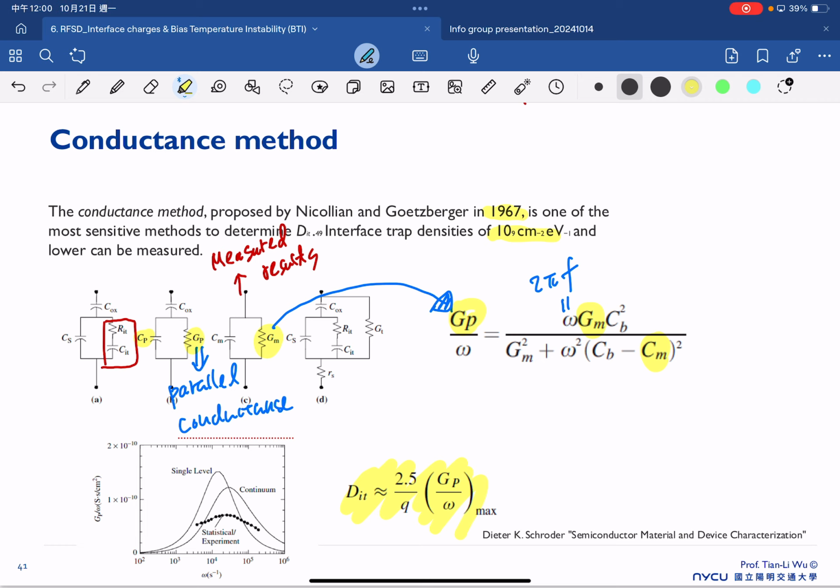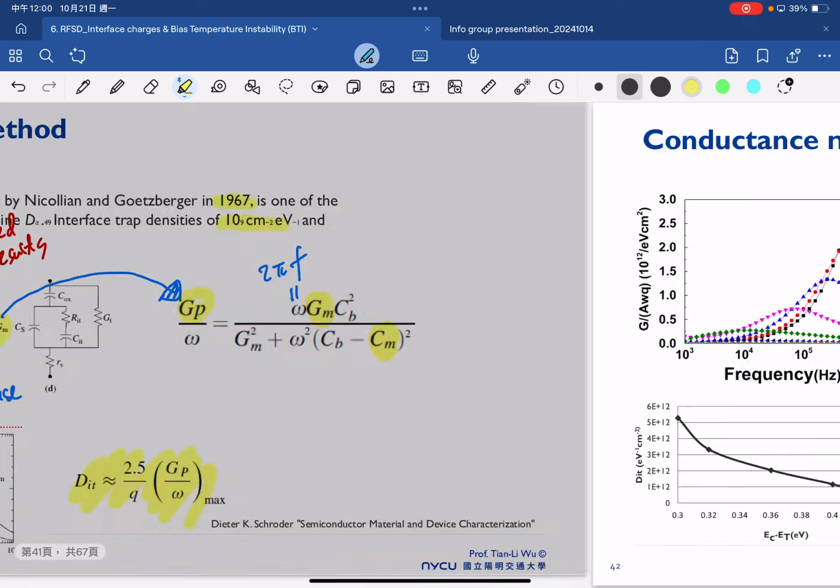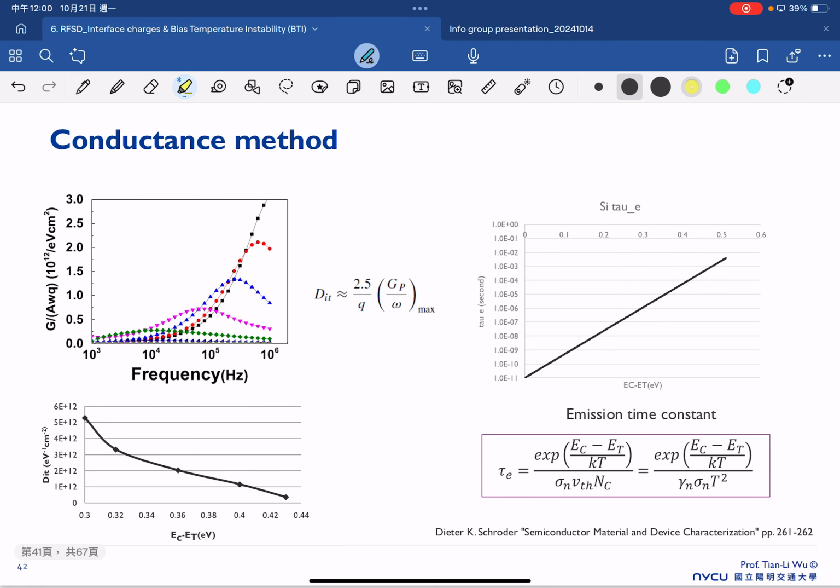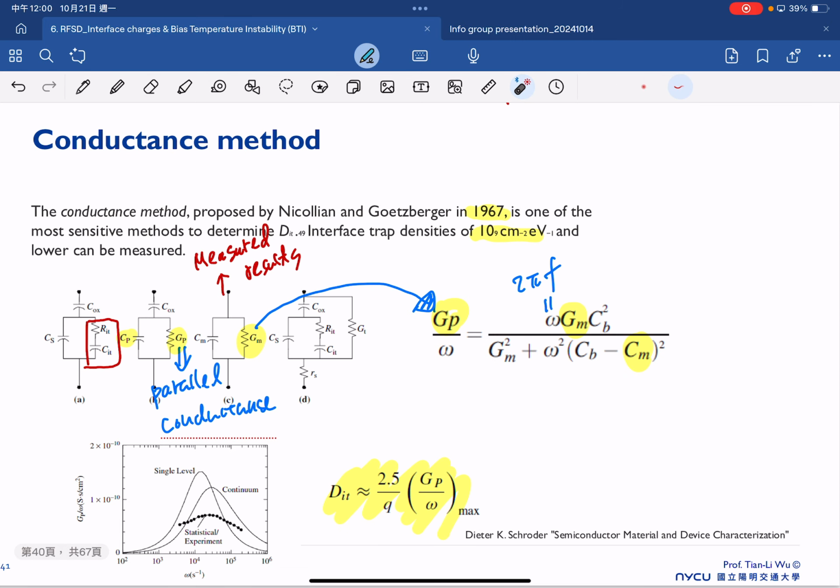And in reality, since this is frequency dependent, what we really do in the conductance method is we will measure the G over A omega Q, so that's exactly this one, GP over omega. And the reason why I have the A omega Q is because it's divided by the area, but also divided by the charge.